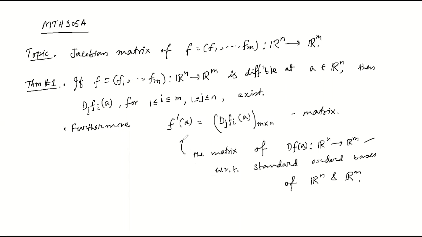This is the Jacobian matrix of the derivative of f at the point a. And the Jacobian matrix is given by this expression.